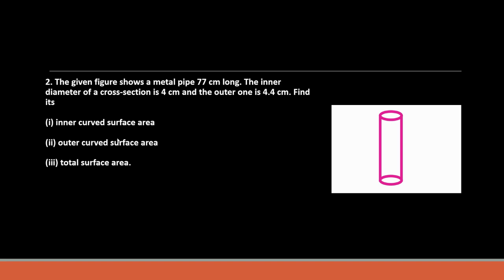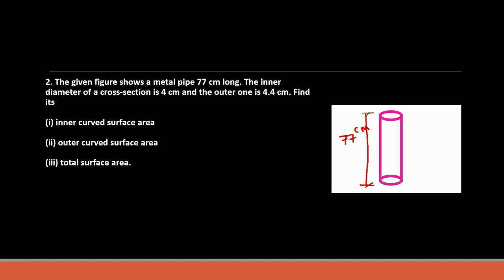In this problem, it's given that the figure shows a metal pipe 77 centimeter long. Let me use a different color. So basically it said this one is 77 centimeter long.